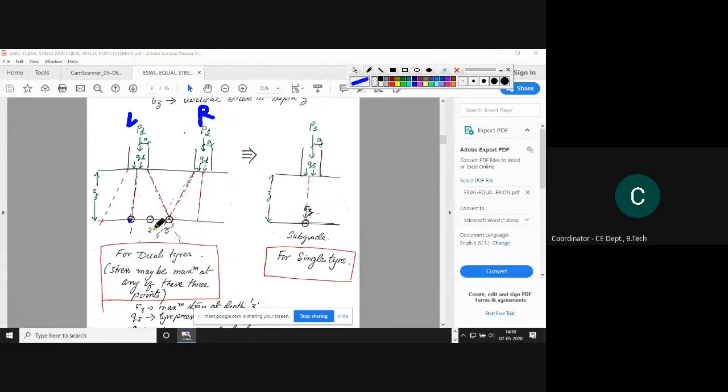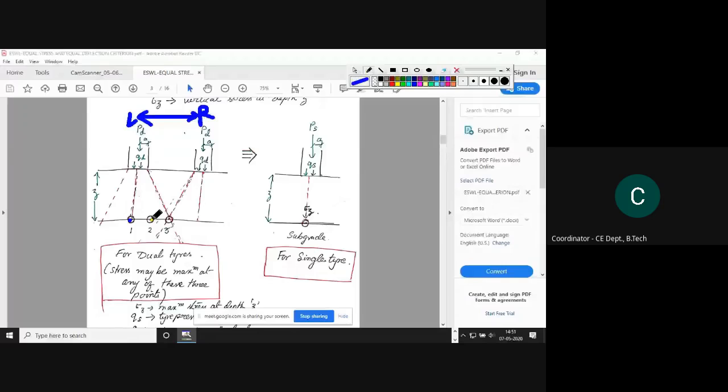Second point, third point will be somewhere between. Suppose this is the left wheel, this is the right wheel. The distance between them is this much. So in between these two wheels will lie the third point, and this is the depth of the pavement. So the third point is somewhere in between the two wheels of the dual combination, whereas number 2 is in between points 1 and 3.